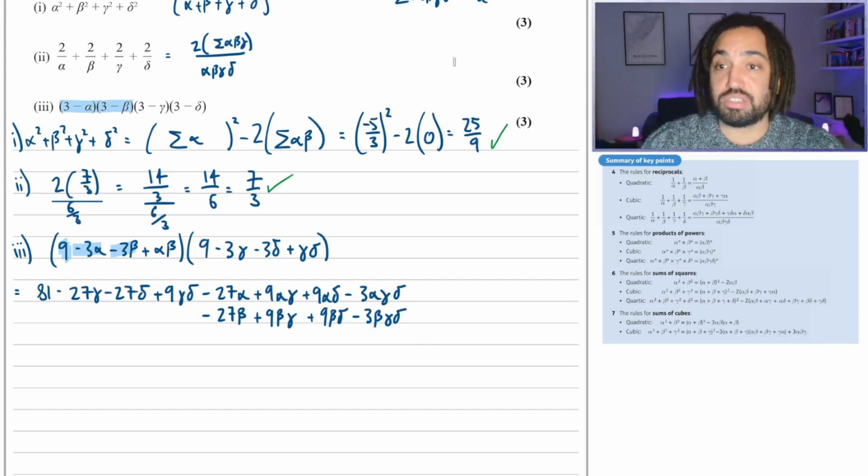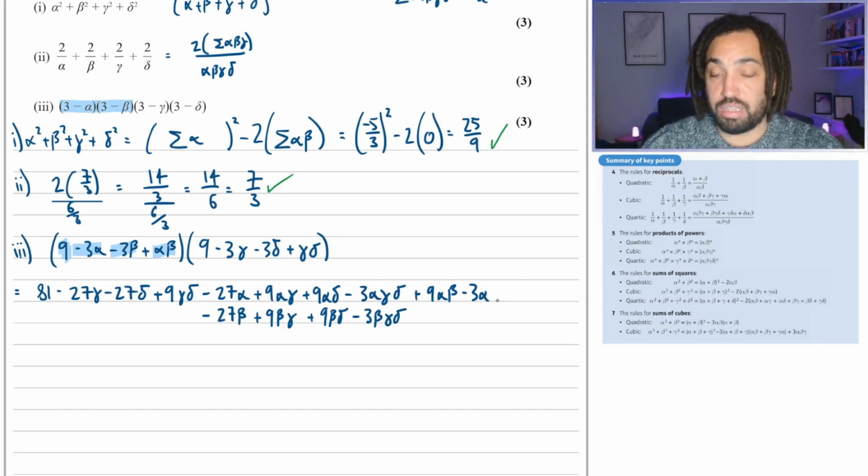Okay, and then the last one is timesing alpha beta by everything over there, and I'll do this just up here. So that's going to be 9 alpha beta. It's going to give me minus 3 alpha beta gamma minus 3 alpha beta delta, and plus finally alpha beta gamma delta.